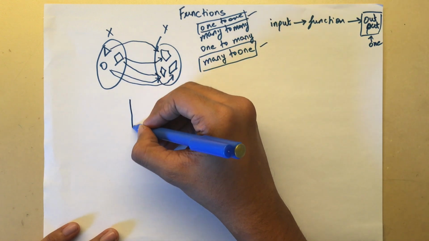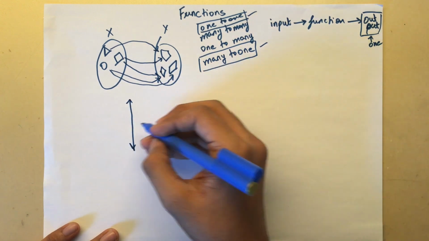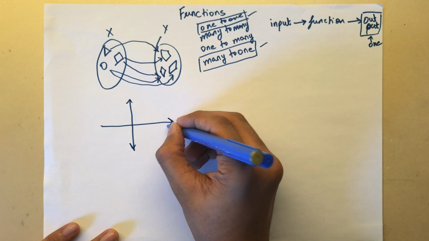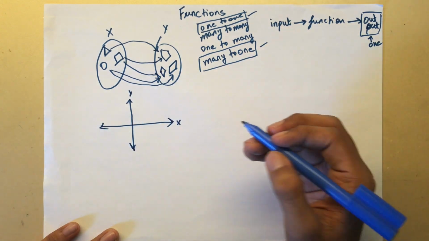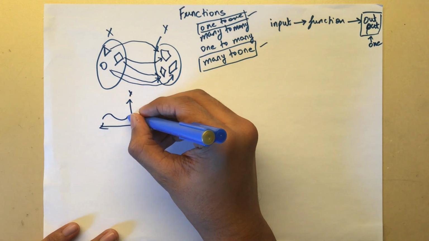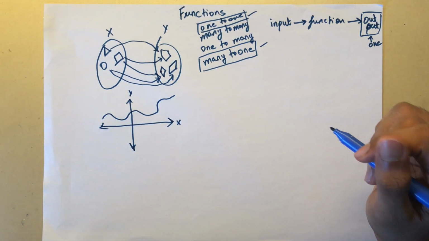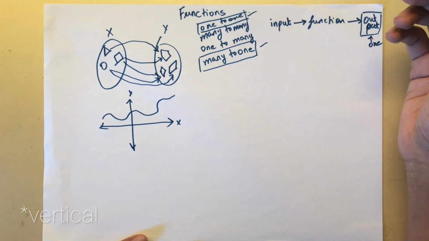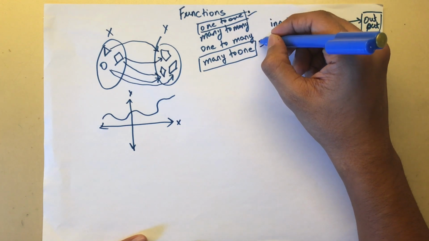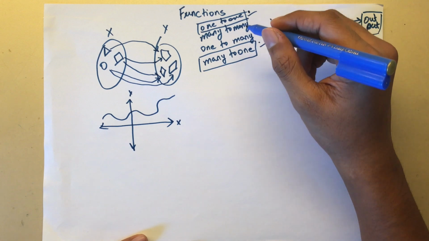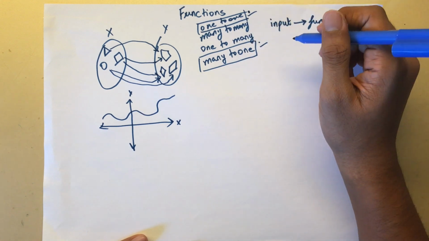So now let's say we graph the function by making the inputs on the x number line and the outputs on the y number line. And now let's say I get a function that is something like that. There is something known as the vertical line test that can differentiate the one to one and the many to one functions from the many to many and the one to many relations.